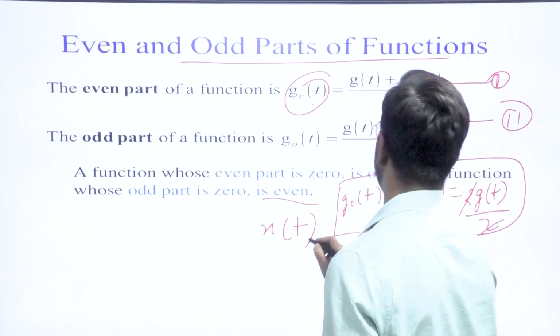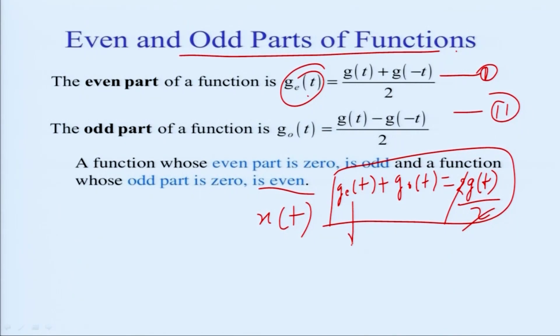That means if you add the even and odd parts of a signal, you will get exactly the signal. In other words, any signal can be written as the summation of its odd and even parts.